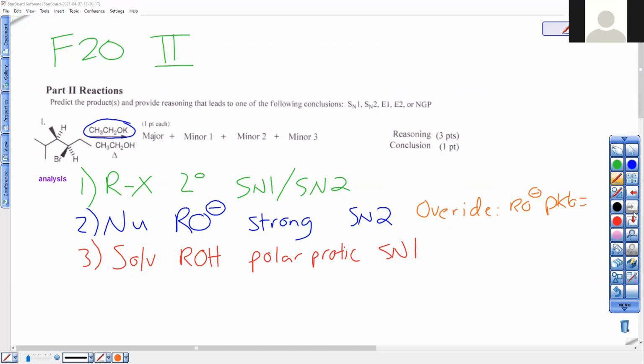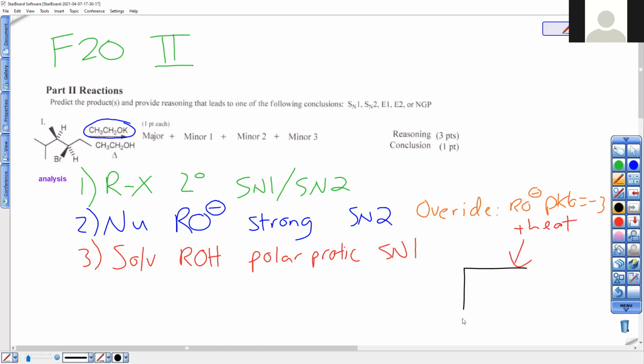You don't have to write that on the test. You could write strong base, and every time you have a strong base plus heat, the override gives you a big fat conclusion of, yes, conclusions. What color would be good for conclusions? I don't even know. I can't change my pen color.